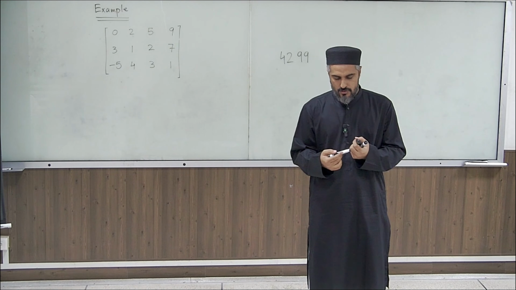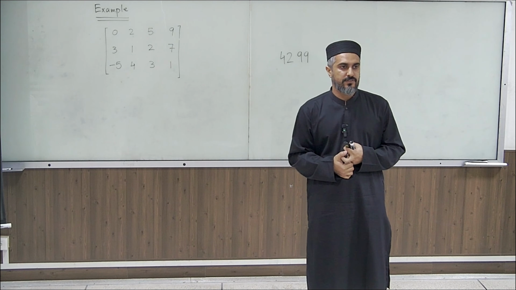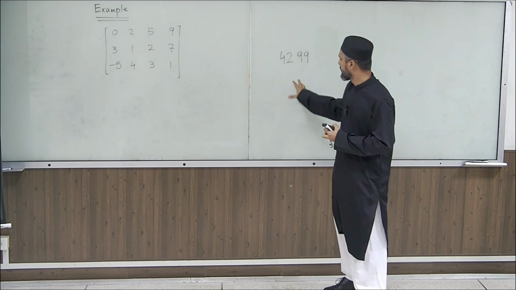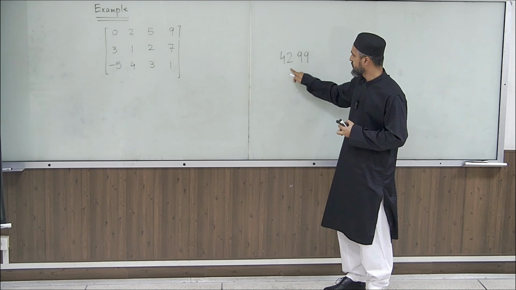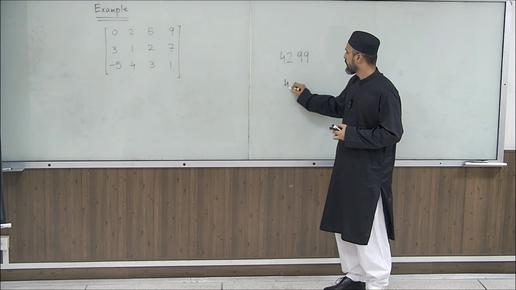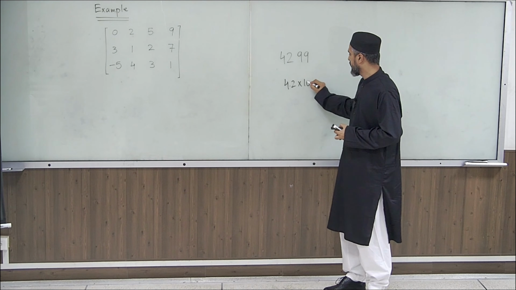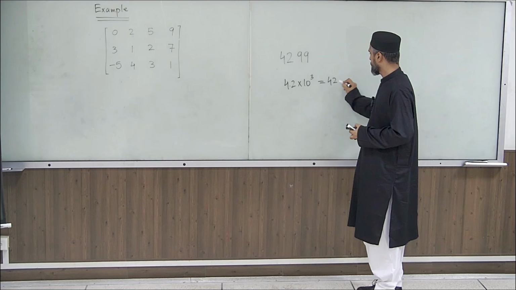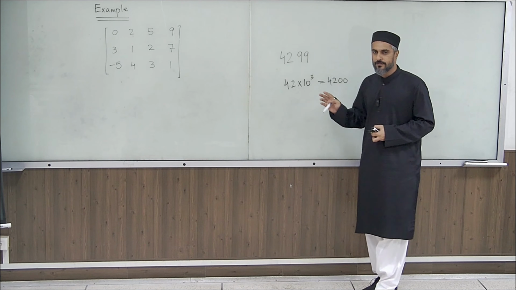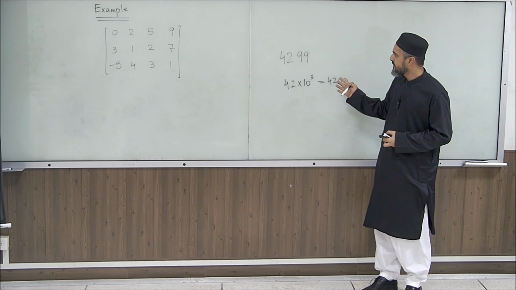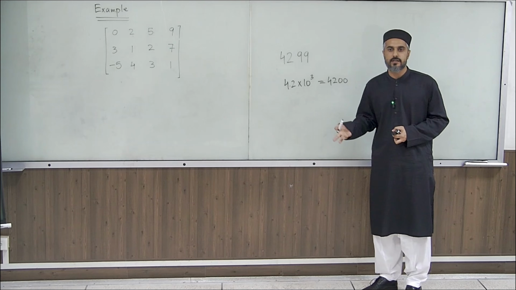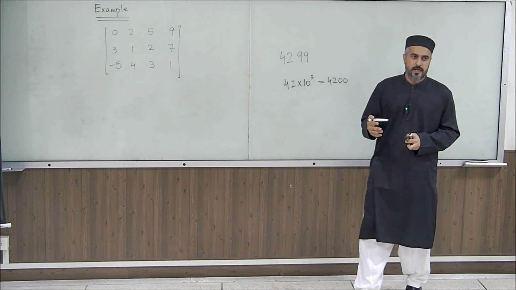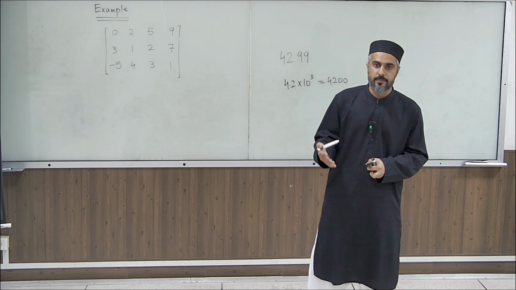So it will show this original number as 4.2 into 10 raised to power 3, which is this number. If you see how much error we got, an error of 99. That happens when you try to round off bigger numbers.